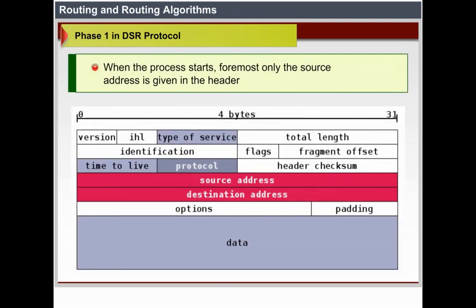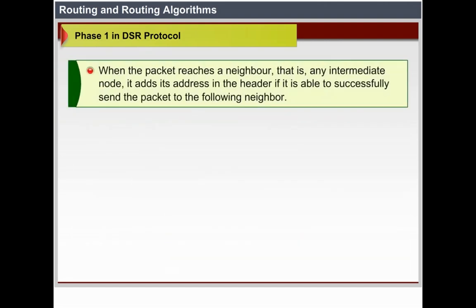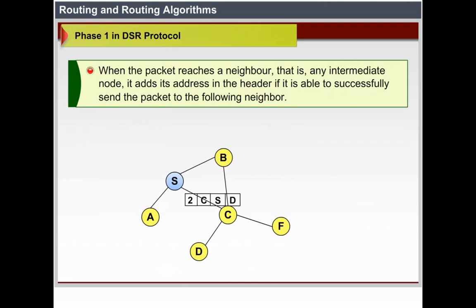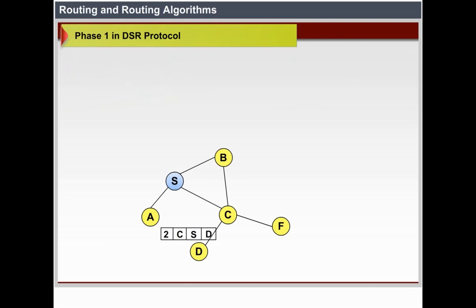When the process starts, initially only the source address is given in the header. When the packet reaches a neighbor, that is, any intermediate node, the node adds its own address in the header if it is able to successfully send the packet to its next neighbor.